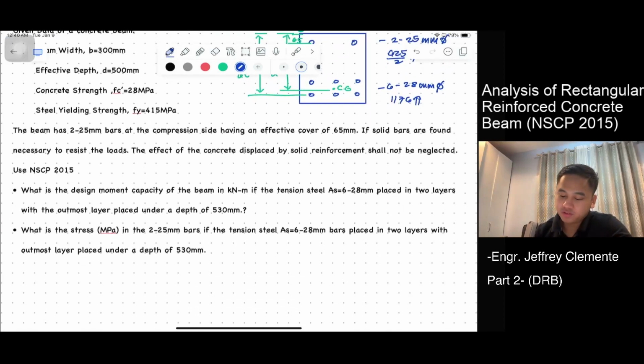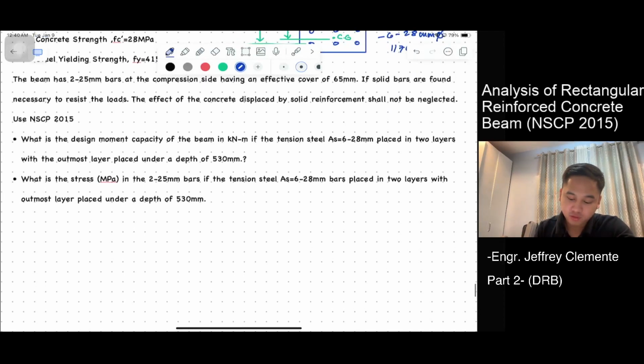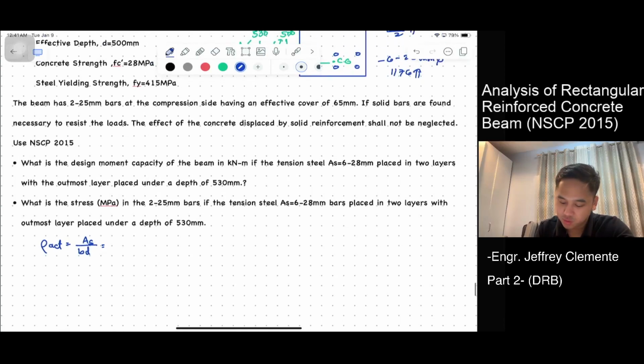So let's check. First, what is the design moment capacity of the beam? Ang tanong, what is Mu? But first, we should know if it is a singly reinforced beam or a doubly reinforced beam. So, for us to know it, we solve for rho actual. Okay, rho actual. What is rho actual? It is As over bd. We have As na, which is 1176 pi over b, which is 300.